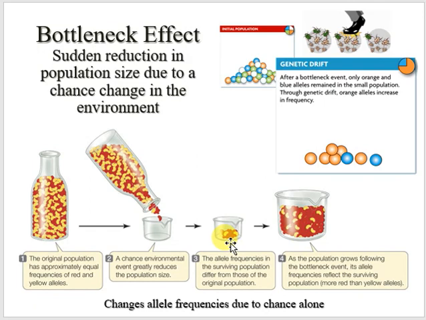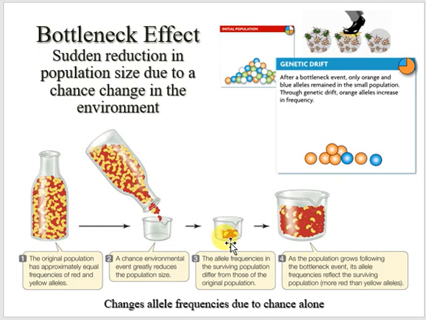Now, the allelic frequencies of that surviving population are going to be different from those of the original population because some individuals will make it, some won't. And again, that has no correlation with natural selection. It's all by chance. So there is a chance that some alleles may not be represented, or some may be more represented in this new population than others.